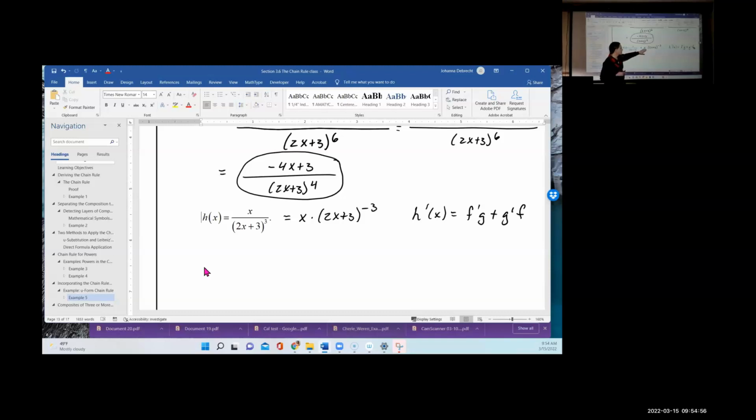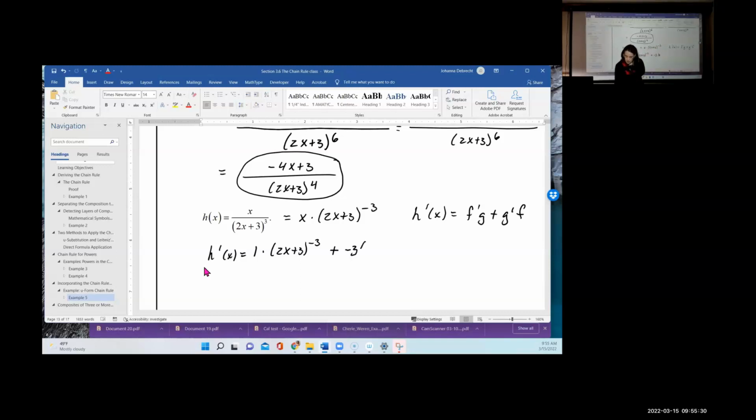f prime is the derivative of x, which is just 1. So we have h prime of x, which is equal to 1, times 2x plus 3 to the negative 3, plus, now we have to take the derivative of the second factor, which is this 2x plus 3 to the negative 3. Now the chain rule for powers is the same, even if it's a negative exponent. So we bring the negative exponent to the front.